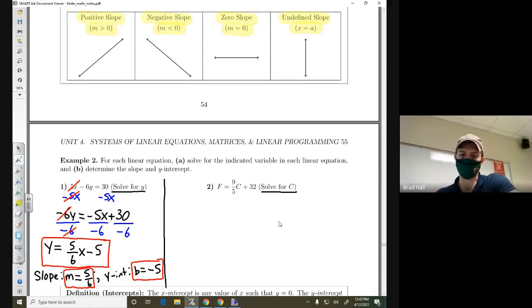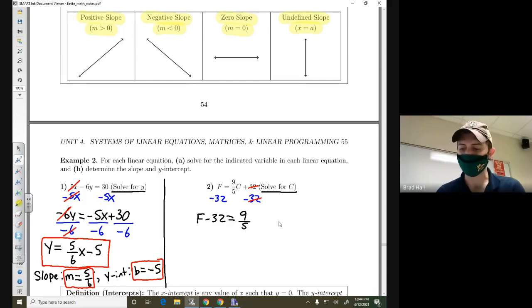The first thing we need to do is subtract 32 on both sides, because we first want to get the c term by itself. So this brings us a little bit closer to that goal. Now the c term is by itself, just the term that has a c in it.